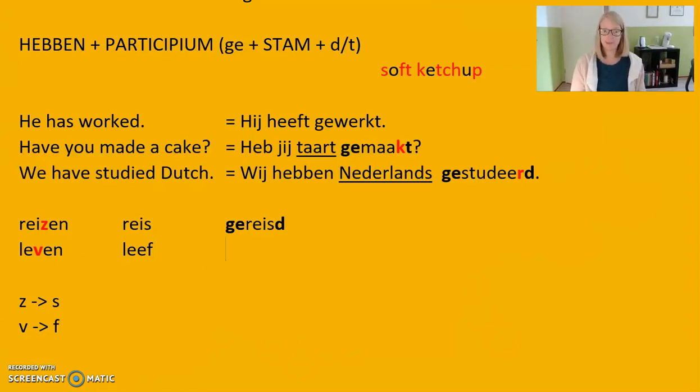To make the participium, the second part of the past tense, we put ge, the stam is leef. For deciding on D or T, we have to look at the V. V is not in 't soft ketchup, so we add a D. Okay? There are not many cases for this, but in case you need these verbs, there it is.